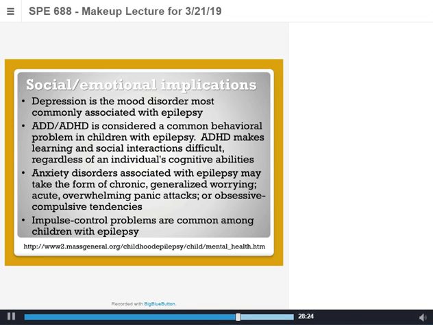And impulse control problems are common among children with epilepsy. The theory there is that the area of the brain that the seizure is impacting is also the part of the brain that is in charge of impulse control. So knowing that about kids can help them socially and emotionally.